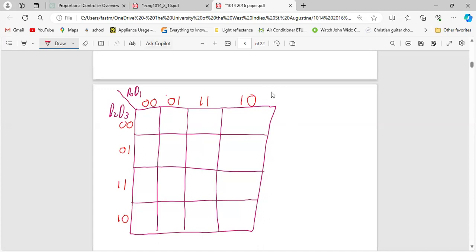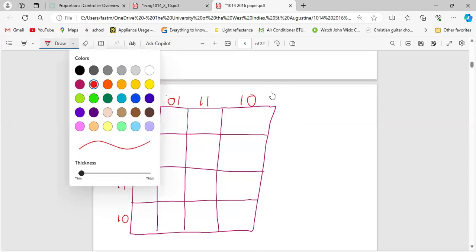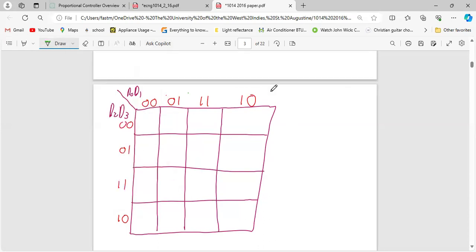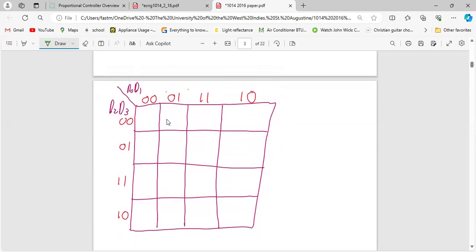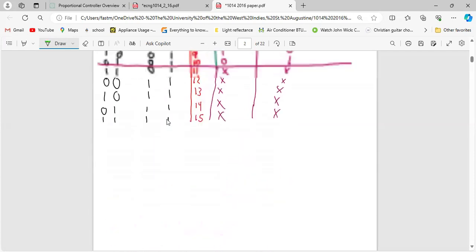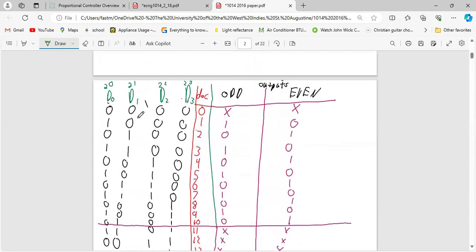Third thing, we need to number the boxes. Do we need to? We don't need to number the boxes for this one because we already know what each bit pattern gives us. So for 0000, that was I don't care. You just put it in the column with the answer. This one here is 0000, which gave us don't cares.